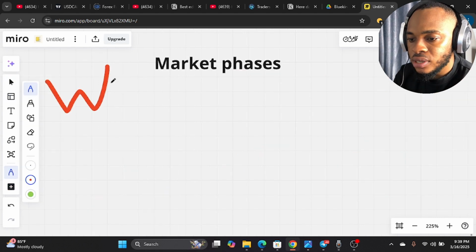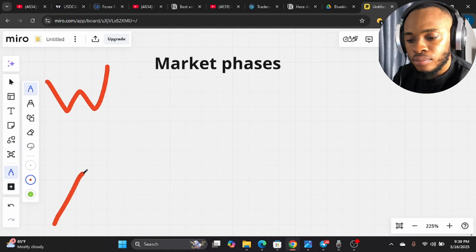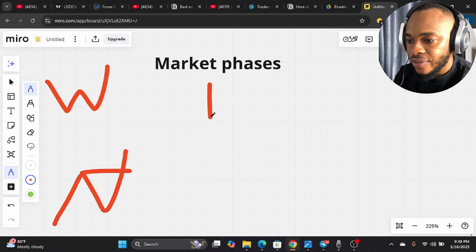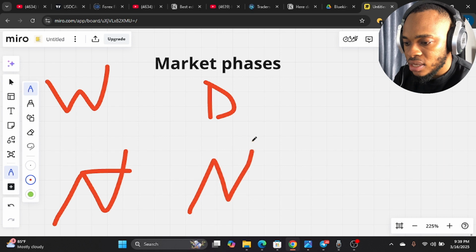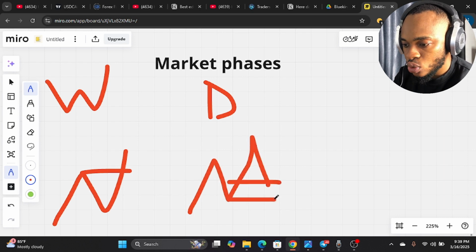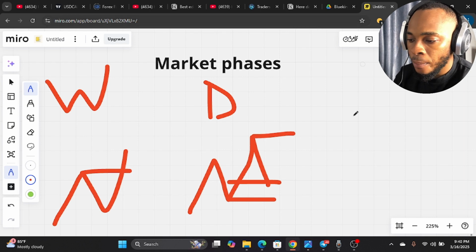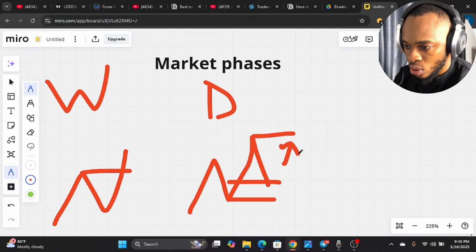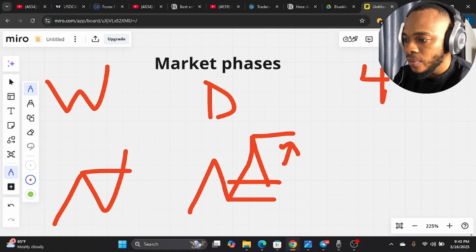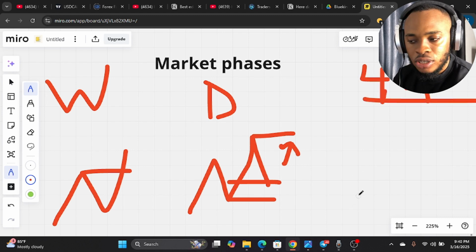A situation, for instance, when the weekly is bullish, just like I explained, and maybe the daily is in a phase whereby price is reacting to a POI, we know that the next area it is going to go is up, so that's an upward bias also. What about the 4 hour? The 4 hour is in a situation whereby we are also in a bullish phase.